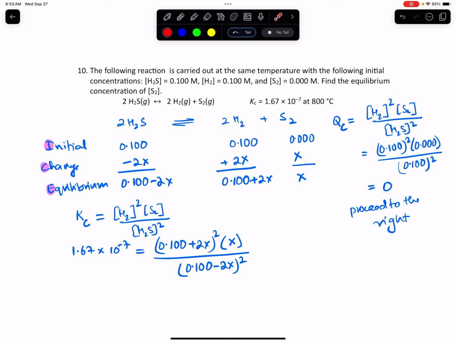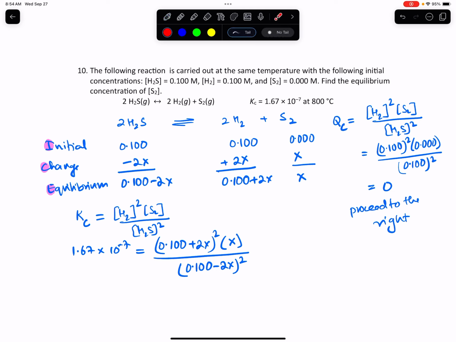If you multiply this whole thing out, you will notice you get a term of x times x squared, which is x cubed. So that's a cubic equation. And while you can solve a cubic equation, it's not recommended. So we're going to make an approximation.